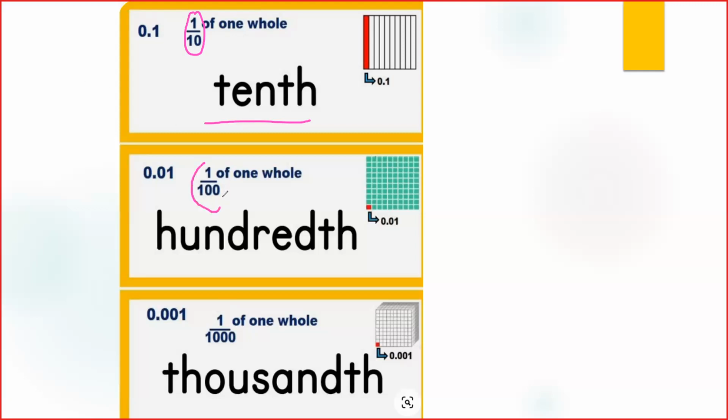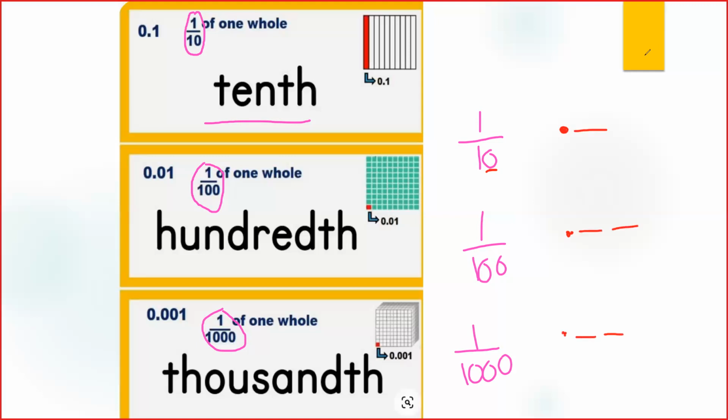This way, how can I write it as a fraction? Now, how can I write it as decimals? How can I say that 1/10 is 0.1, 1/100 is 0.01, and 1/1000 is 0.001? The way is, if you have 1/10, 1/100, or 1/1000, you put a decimal point, and count how many zeros we have. 10 has one zero, so keep 1 digit; 100 has 2 zeros, so 2 digits; 1000 has 3 zeros, so 3 digits.